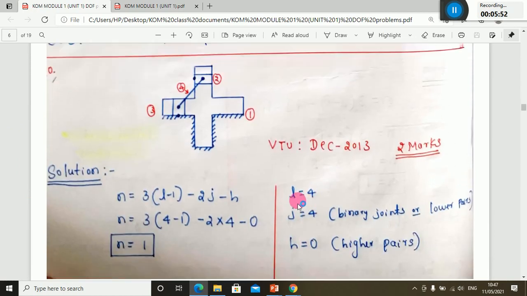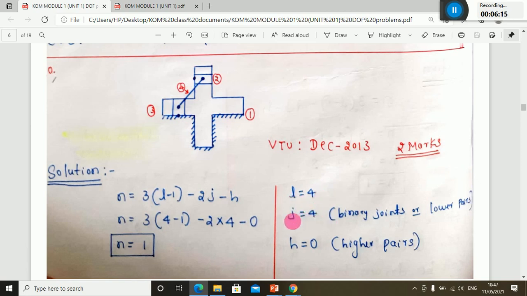L is equal to 4. As I said, first this frame which is fixed, I'll consider as the first link. This slider I'll consider as the second, and this slider as the third kinematic link, and the link that connects both the sliders I'll consider as the fourth kinematic link. Total number of kinematic links are 4.